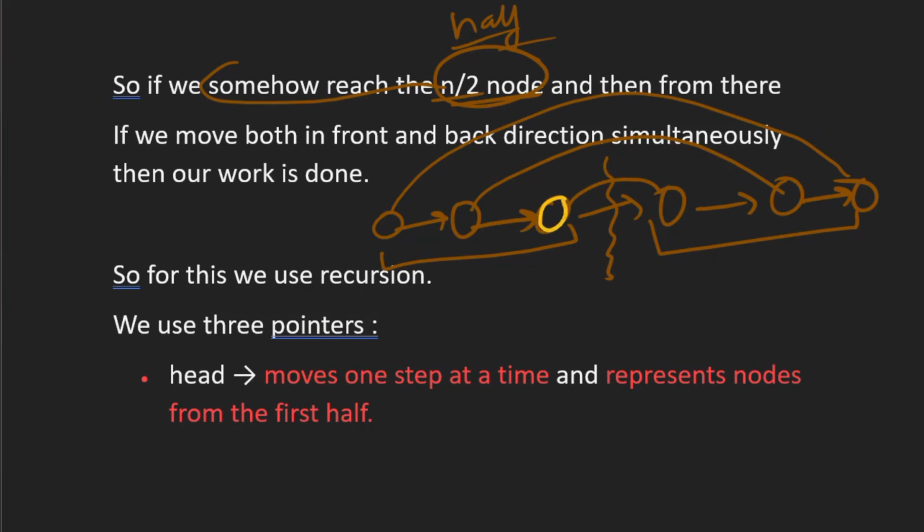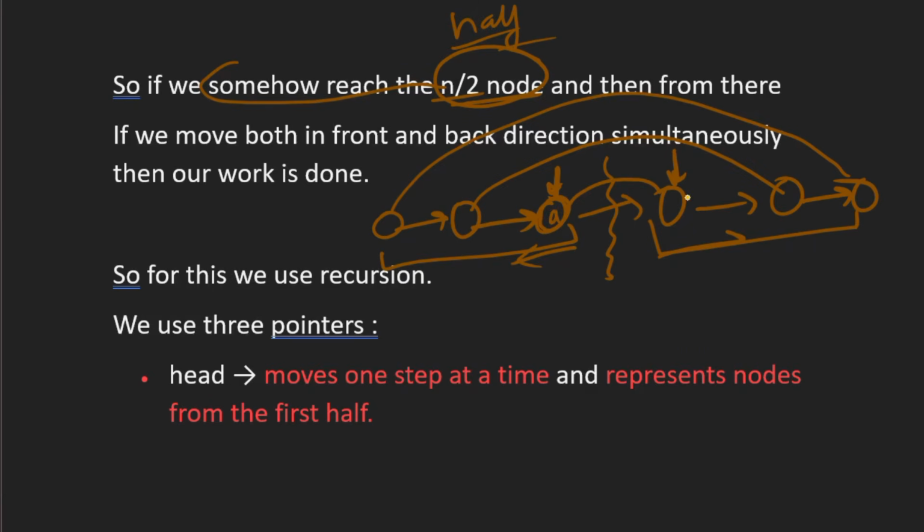So if we have two pointers here, where this pointer somehow moves in the backward direction and this pointer keeps shifting in the forward direction simultaneously, then using these two pointers we can get the sum.